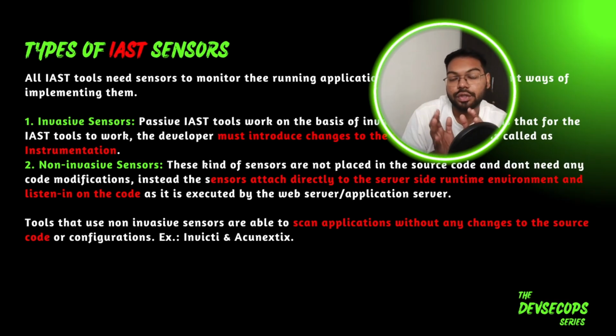So that's a kind of non-invasive sensor. You do not attach it directly to your application or your mobile phone, but it still works and listens on. So that is a kind of non-invasive sensor in terms of IAST. Tools that use non-invasive sensors are able to scan applications without any changes to the source code or configuration.